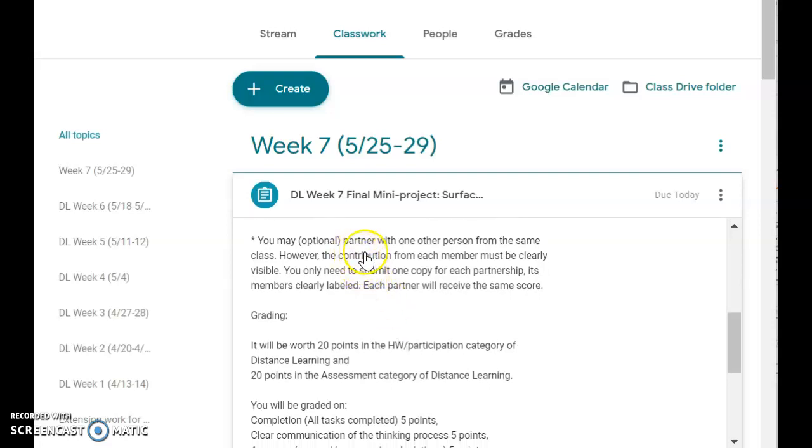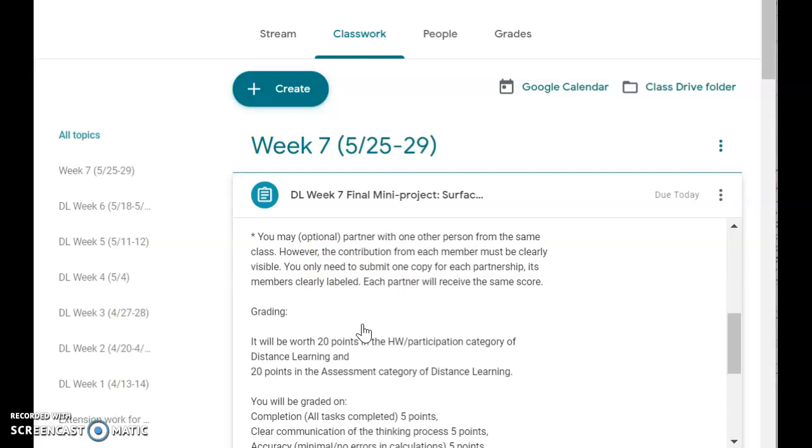Like I said, you may work with a partner, one other person from the same class. That's the maximum, 2 people working together, not 3, just 2. However, the contribution from each member must be clearly visible and it needs to be equally divided.